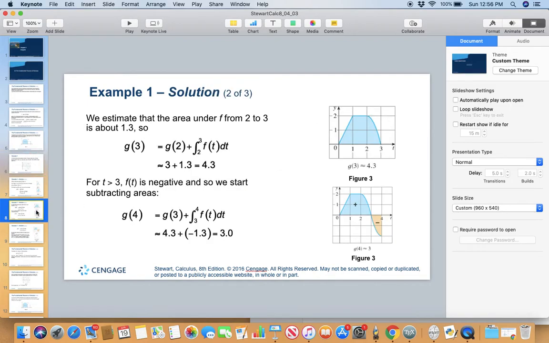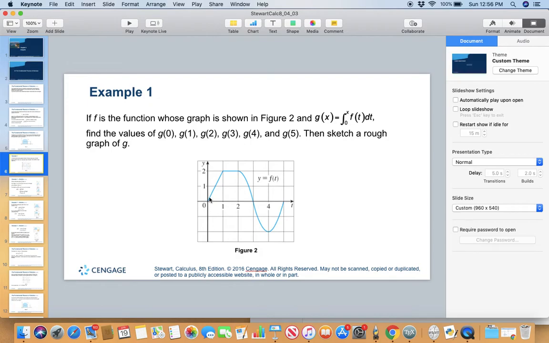So, all right, the integral from 2 to 3 of f. All right, they claim it is 1.3. So far whatever you had was 3, 2 here, 1 here, that's 3, and 1.3 over here, that's 4.3.